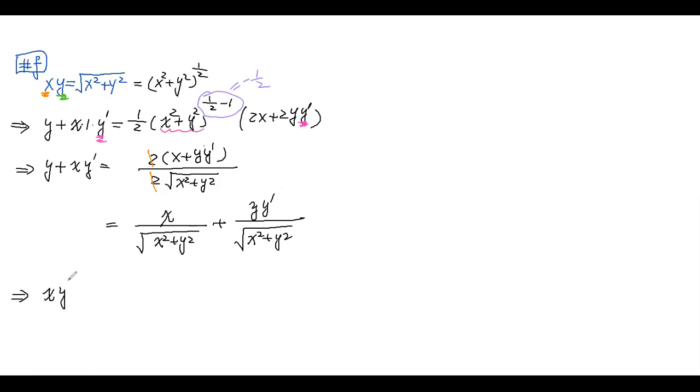So this is x y prime minus y over the square root of x squared plus y squared y prime, equals x over the square root of x squared plus y squared, minus y.